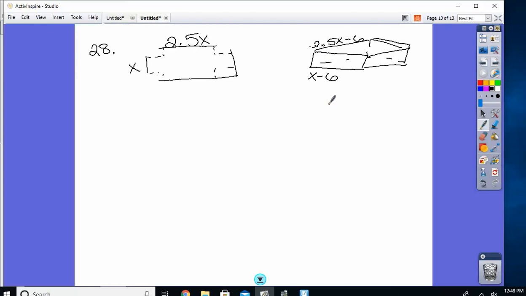The height. So what you do is you cut the corner out and then you fold that flap up. So how tall is this when I fold it up? 3, because that's the size of the corner I cut out. Does that make sense?